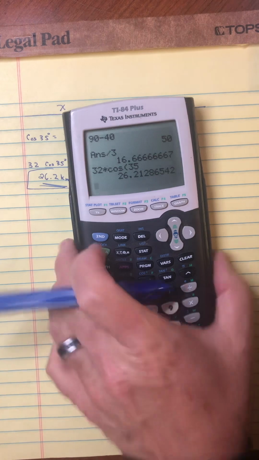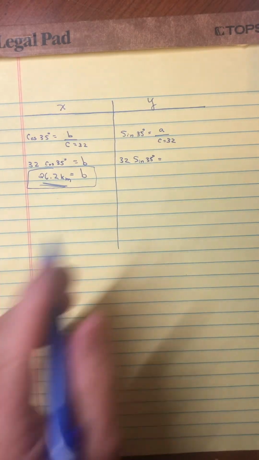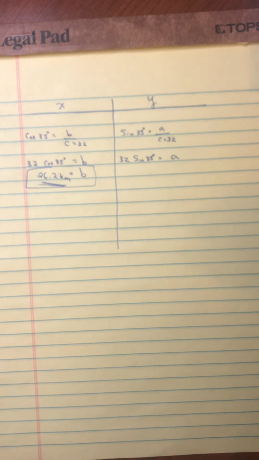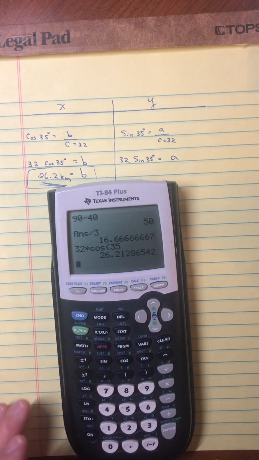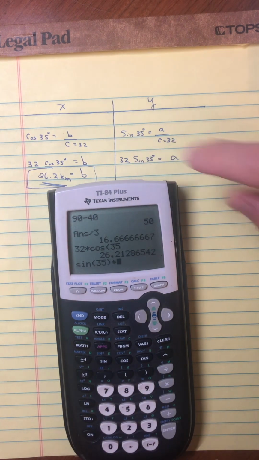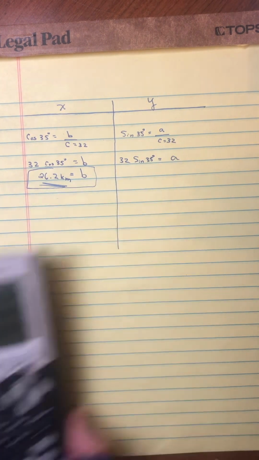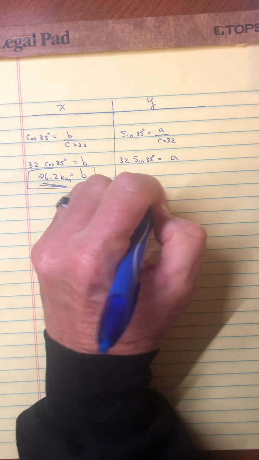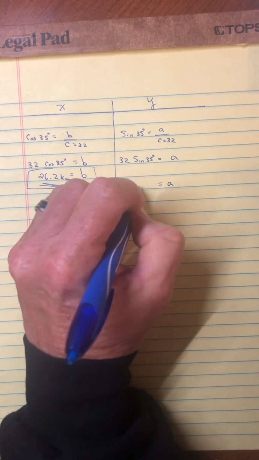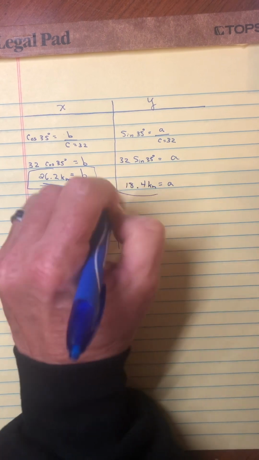Yes, I am. Okay, so I did this one right. I do a lot of problems and switching back, and sometimes I forget which mode my calculator's in. Let's see. So sine of 35 times 32 to get A, and then this would be A equals 18 point, and I'll round it to 18.4 kilometers.